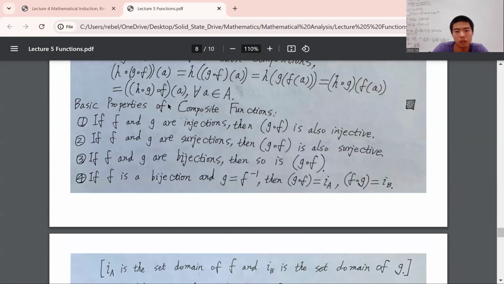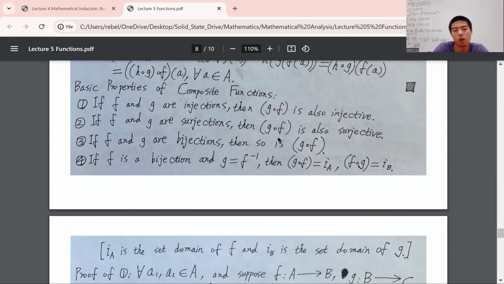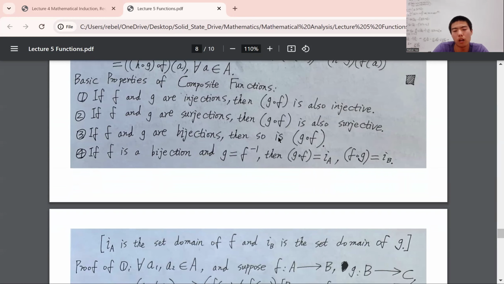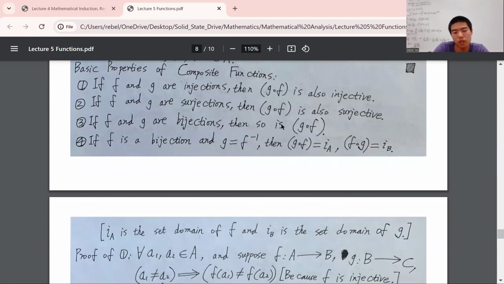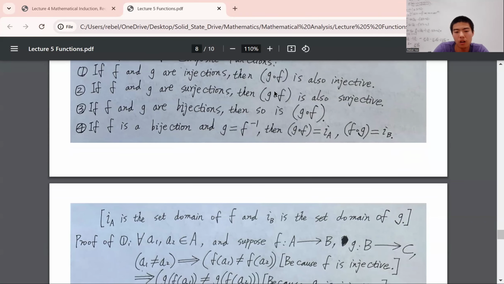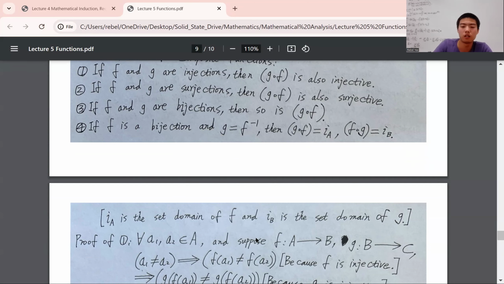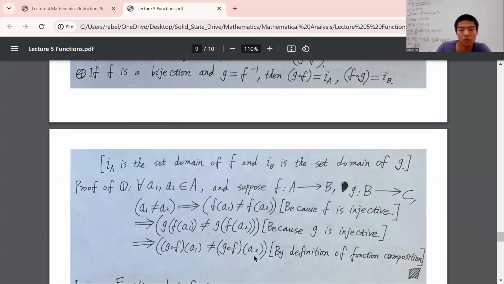So how to prove g∘f is injective? We'll prove that for all a1, a2 elements in the domain, after the transformation by g composite with f, if a1 is not equal to a2, then the outputs are also not equal. We just use the definition of injective.